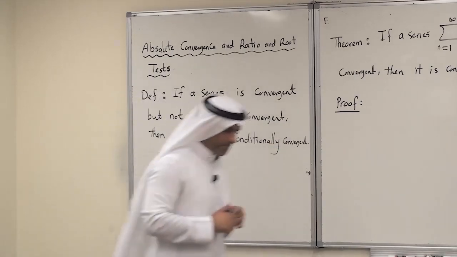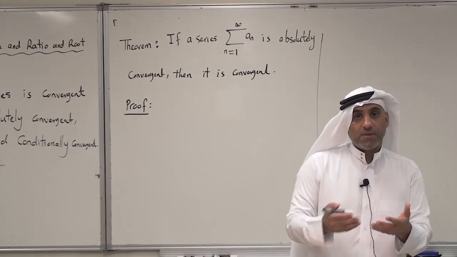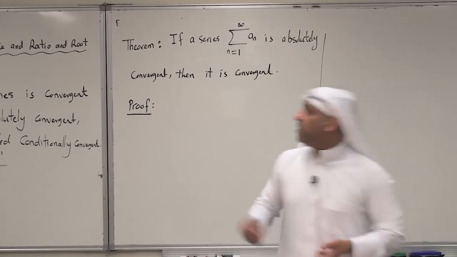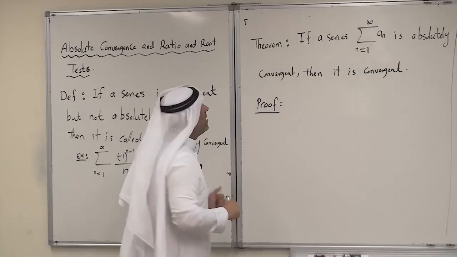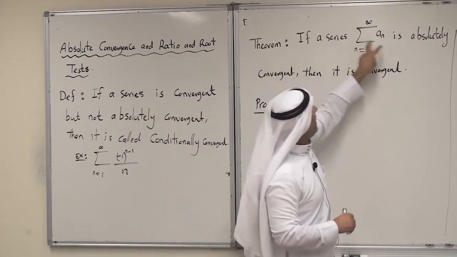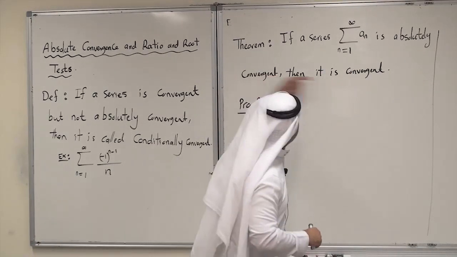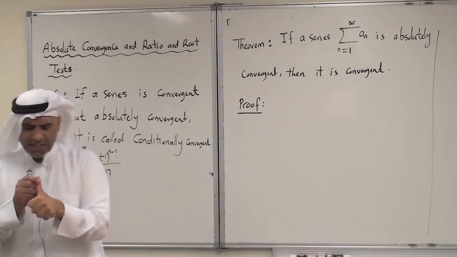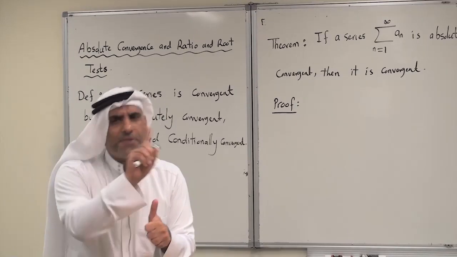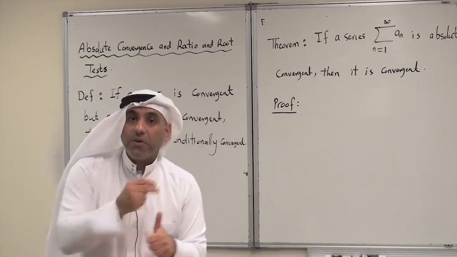The question now is, which type of convergence implies the other one? We have a nice theorem that says, if a series an is absolutely convergent, then it is convergent. We know that if a series is convergent, it is not necessarily absolutely convergent, so the converse is not always true.